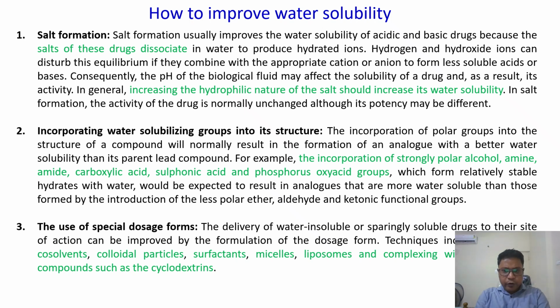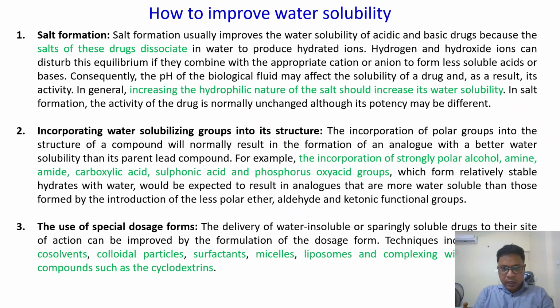The second one is incorporating water solubilizing groups into the structure. The incorporation of a polar group into the structure of a compound will normally result in the formation of an analog with better water solubility than its parent lead compound.